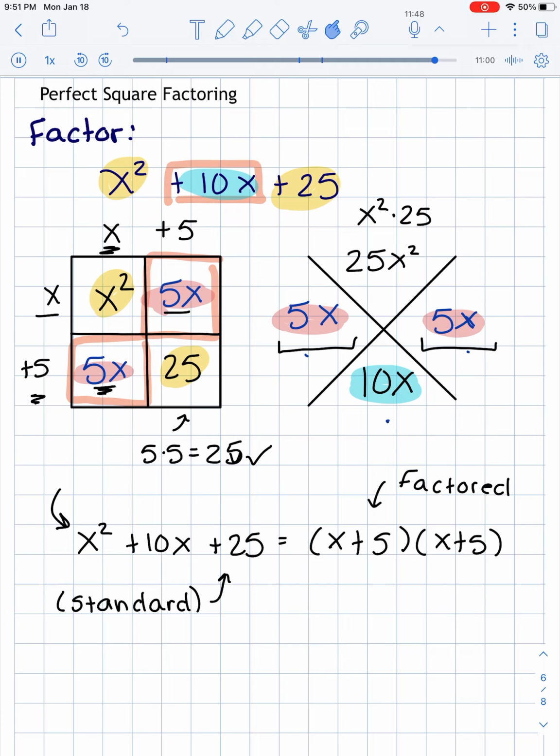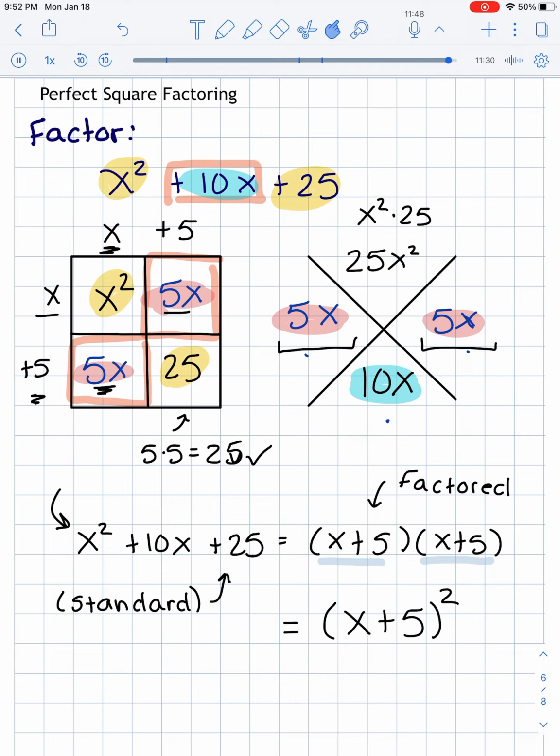Now that's brilliant, but I want to write this even more compactly. I notice that my x plus 5 times x plus 5 has two parentheses, two factors that are identical multiplied together. I can rewrite that as 1 factor, x plus 5 squared.